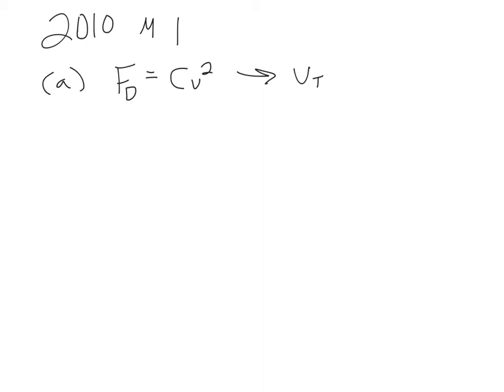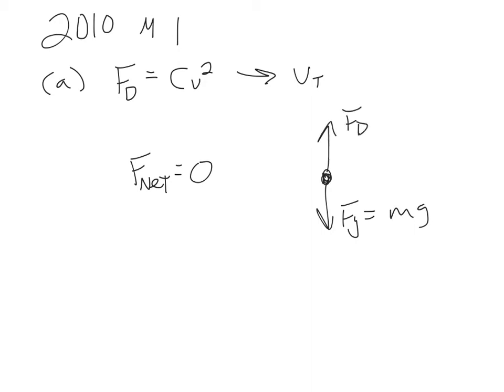Remember, terminal speed is when the sum of the forces equals 0, and that's when it moves at a constant speed. So we have gravity pulling it down. Let's see, do they tell us? I guess it's just M, so we're supposed to keep it as mg. And then the drag force going up.